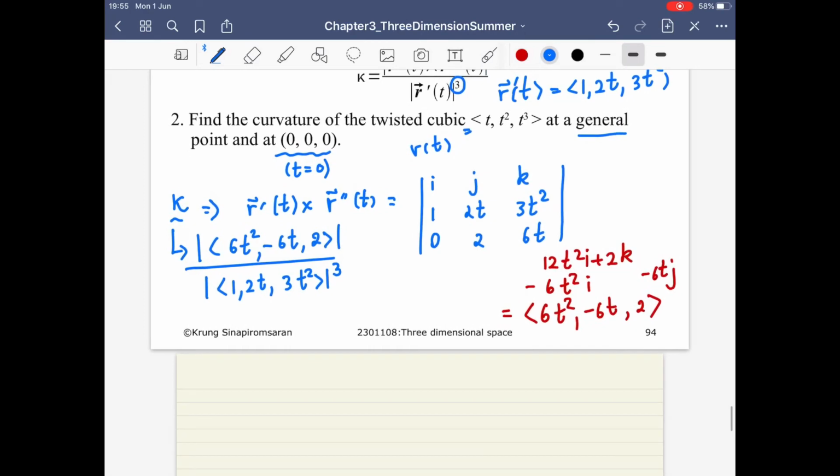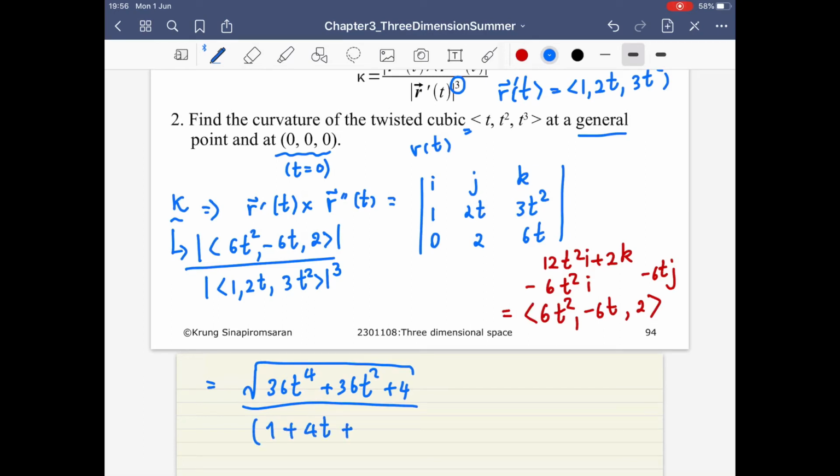So here it is the square root of 36t fourth plus 36t squared plus 4, over 1 plus 4t squared plus 9t fourth raised to the power 3 over 2, right? Because the length will be the power of 1/2, and then this cube you got a 3 over 2. So this is your kappa at a general point t.